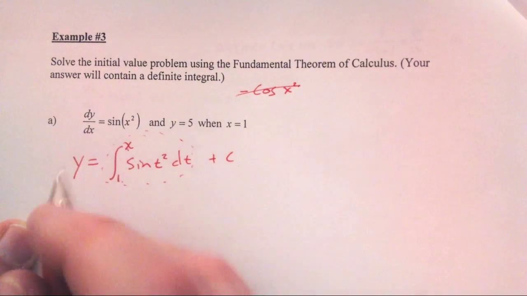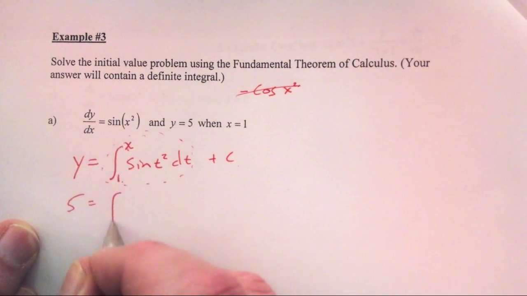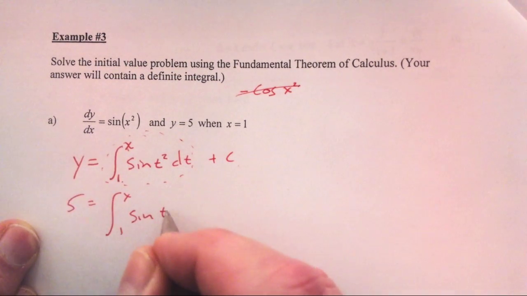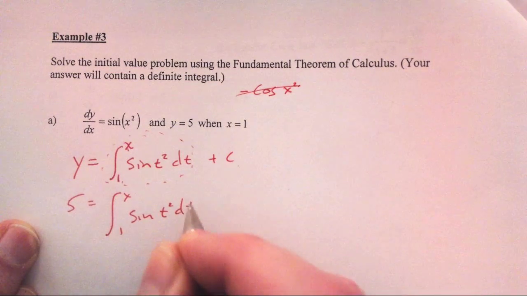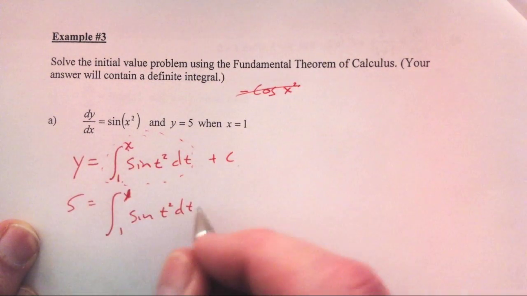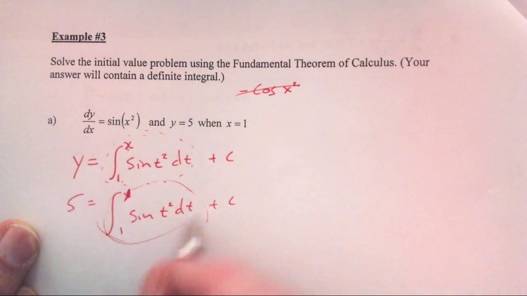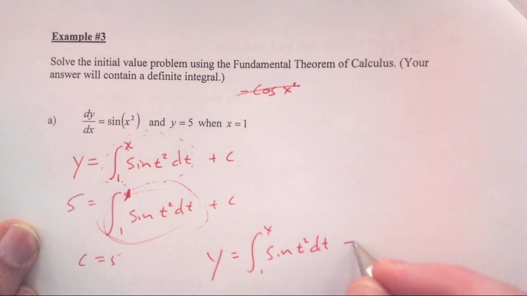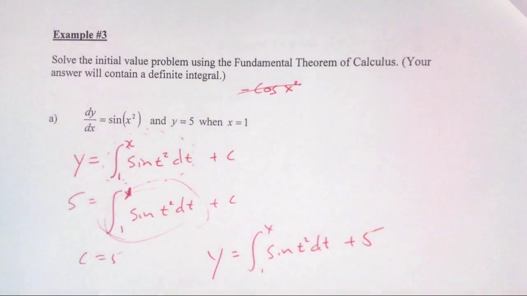Okay, so y is 5 when x is 1, and x is 1 here, that's 0 now, so I get c is 5, so I just end up with this. Y equals integral from 1 to x of sine of t squared dt plus 5.